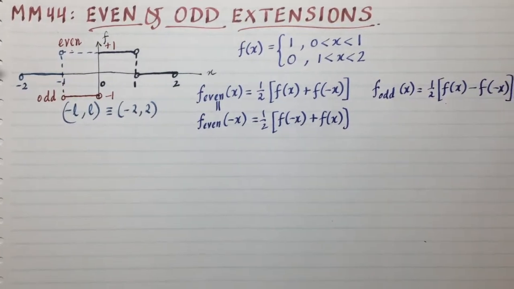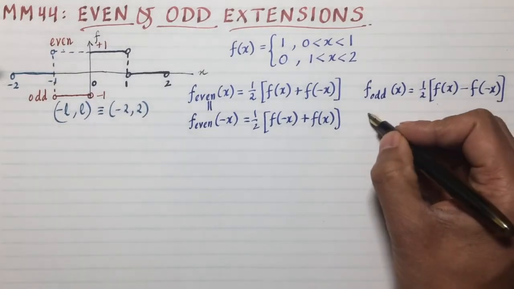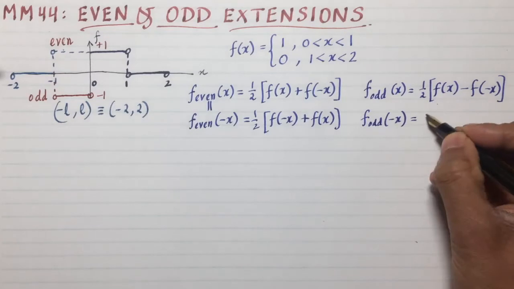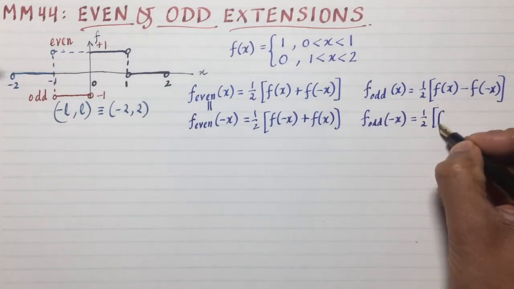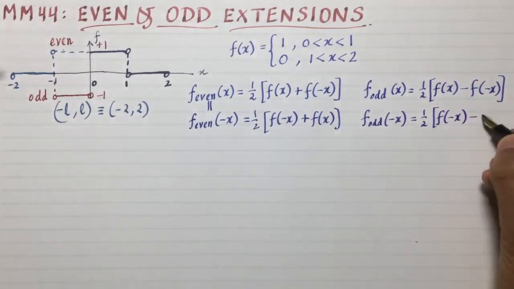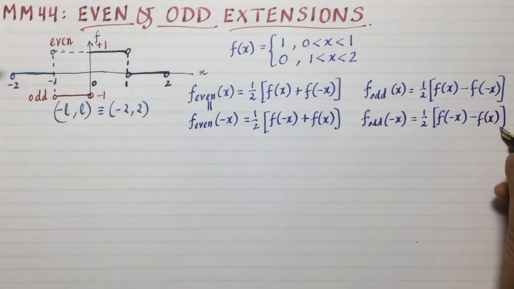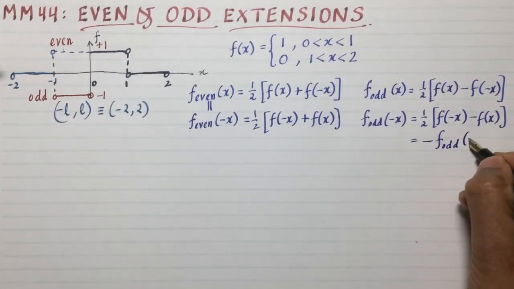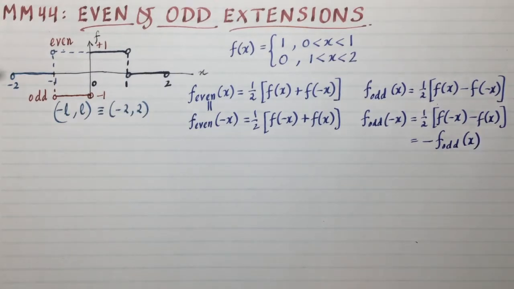So this is guaranteed to produce an odd function, because if we tried sticking the argument -x in, I'm going to get 1/2 f of -x minus f of positive x, and that's negative f odd of x, which is the mathematical definition of an odd function.